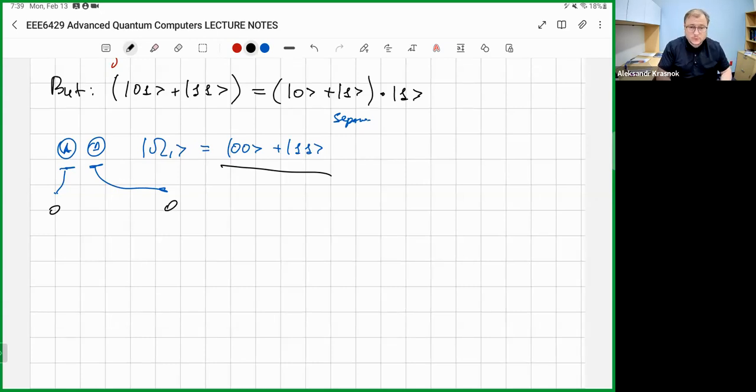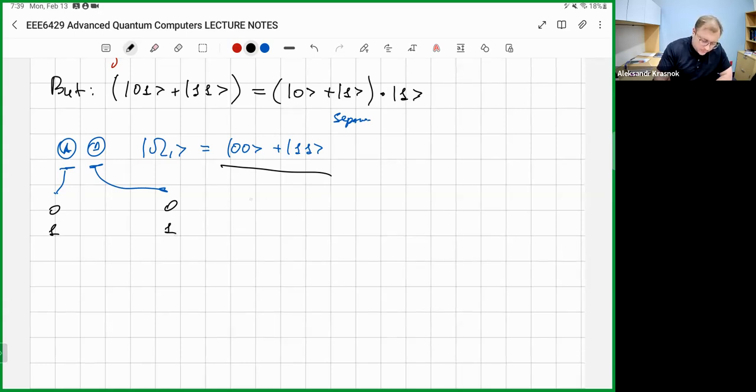If you find 0 here, the other part of the system will also be 0. But if you find your system in state 1, this is the alternative version of the future, you will say that with 100% certainty the other state also acquires the state 1.